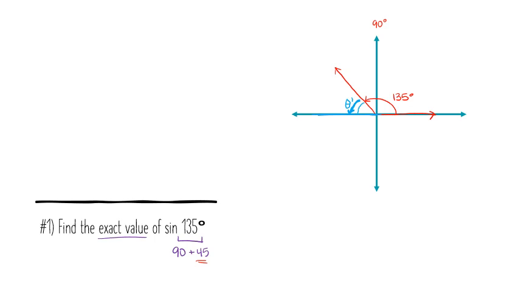I have to go 45 more degrees. So 135 plus 45 would be equal to 180. Of course, 180 representing the x-axis here. So my reference angle is equal to 45 degrees.